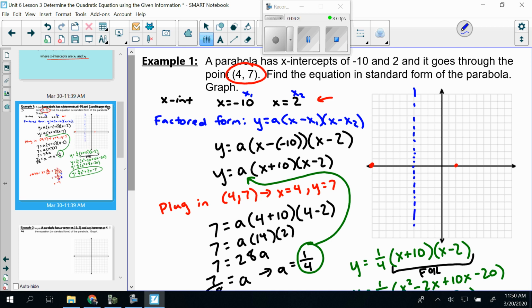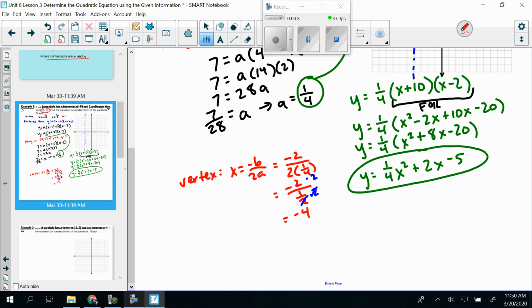So we know our line of symmetry here is at -4, and our vertex is somewhere on that line. Now we just got to plug that back in to find out the y value of our vertex. So if we put -4 in here, what do we get? Make sure you square before you multiply here. We don't want to take 1/4 of 4 and get -1. We got to square first.